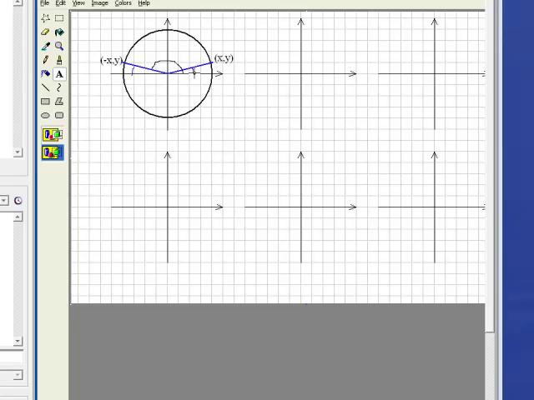The sine of this angle theta here is simply going to be y. The sine of this angle here, sine of 180 minus theta, is going to be y, and that's what we're supposed to show. Now let's do the cosine.